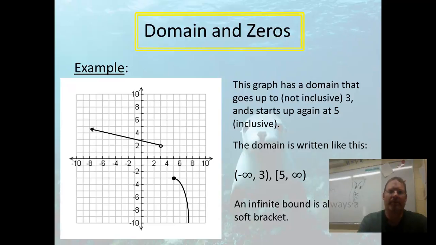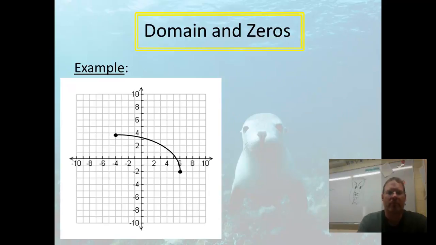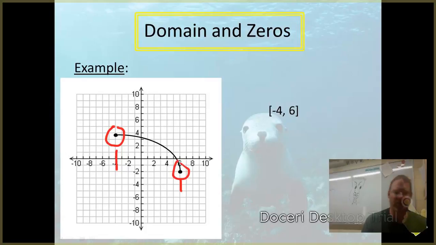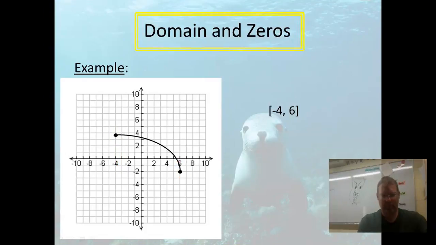Alright, let's try another one. Alright, now this graph goes from -4 to 6, and it is inclusive. So there is your domain.